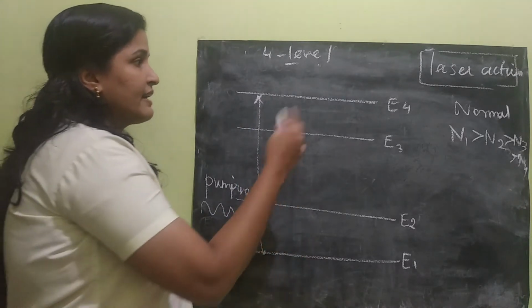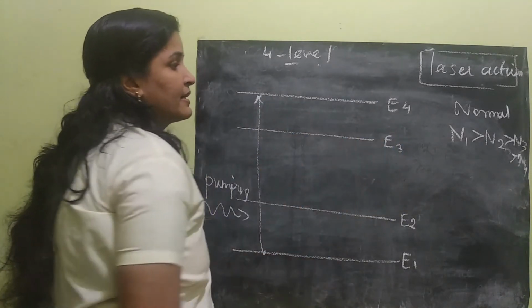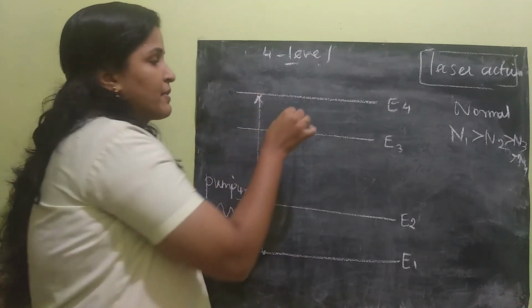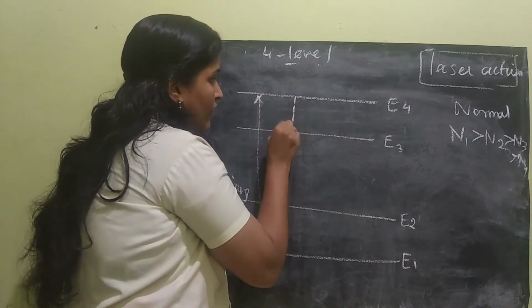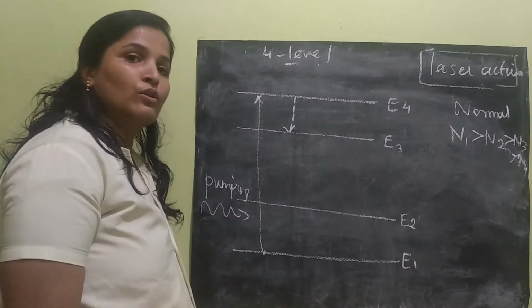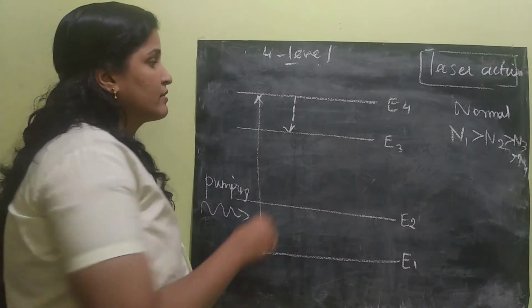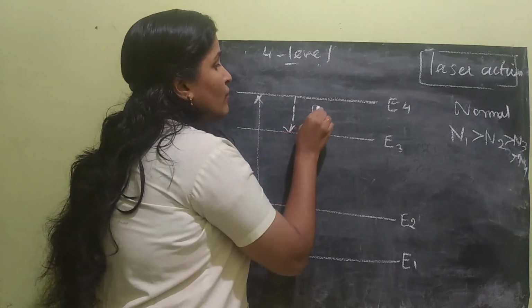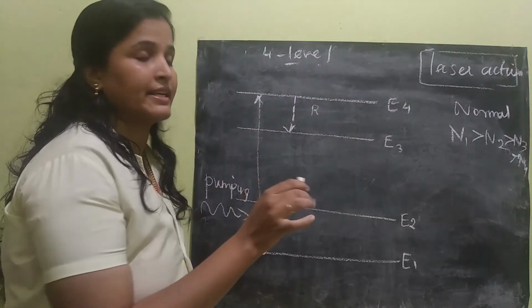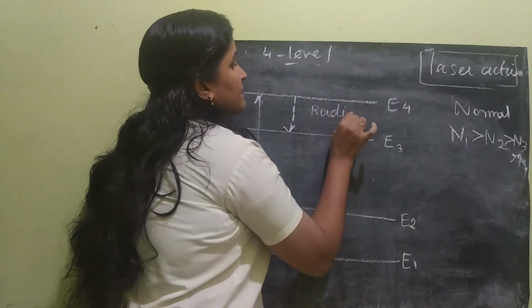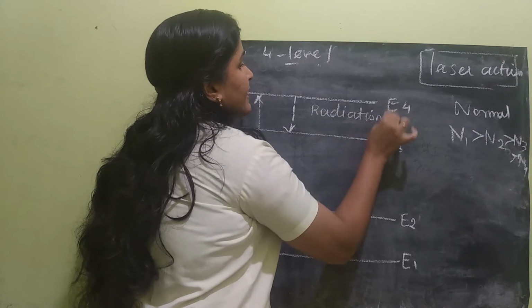Okay, and here we have another intermediate level, which is E3. So because of the thermal vibrations, it will first go to E3, which is the metastable state, without emitting any radiation. So that is why this stage is called radiation-less decay.